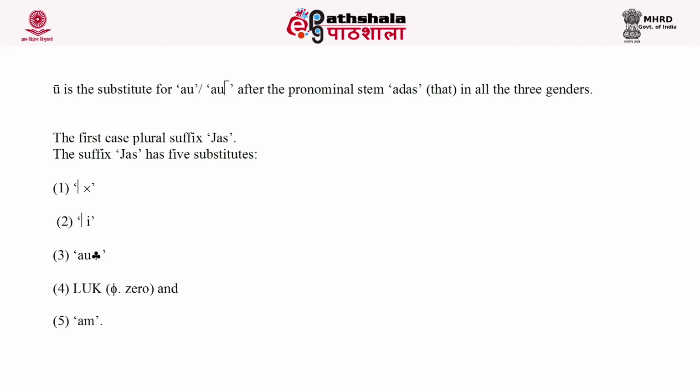Substitute takes place after pronominal stems yushmad, asmad. Yushmad plus jas is replaced by am by Jas Prathamayoh Am, 7124. Yushmad plus asmad plus am. Yushma and asma are replaced by yuya and vaya respectively by Yuyavayau Jasi, 7293.